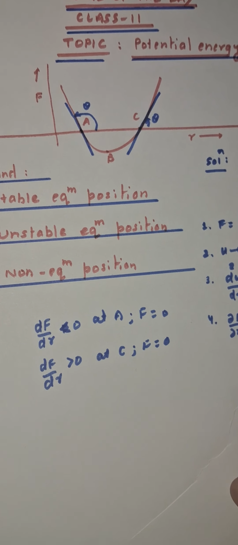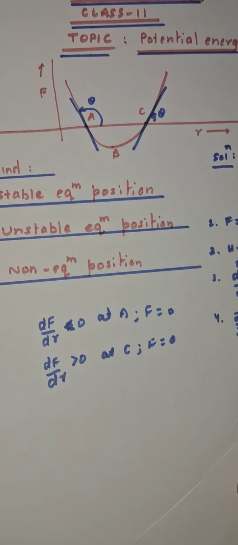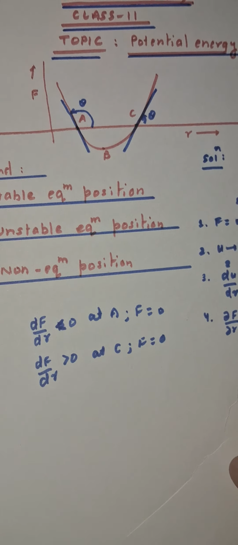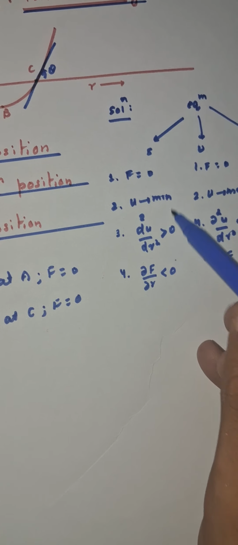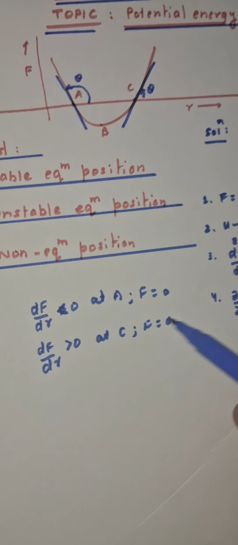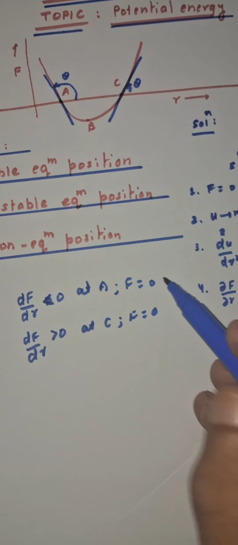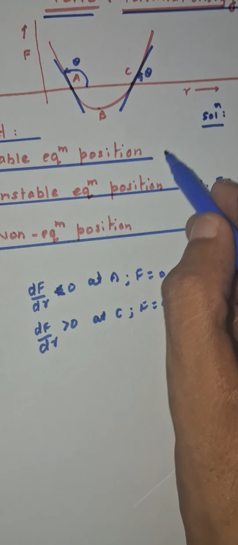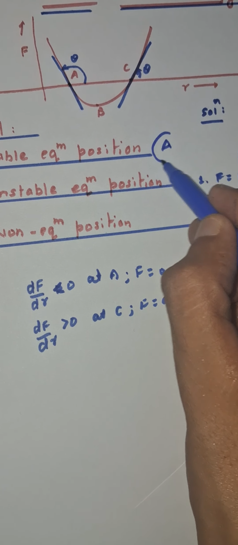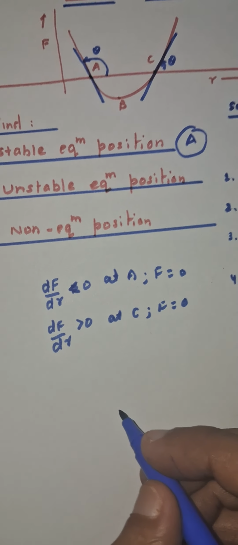So we can say that del F by del R is negative, which corresponds to stable equilibrium. So from over here, point A corresponds to stable equilibrium.